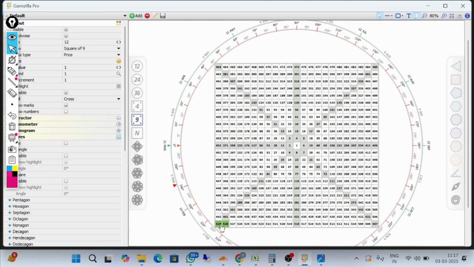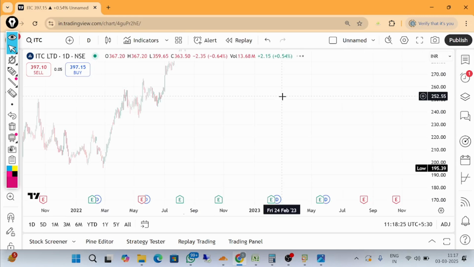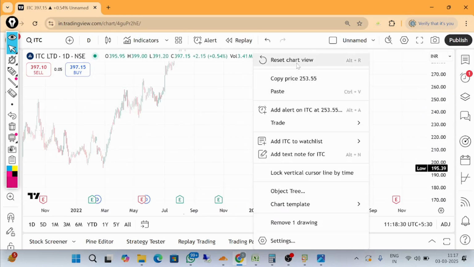So before going to these big numbers, let us take an example of a three digit number. Let's take an example of a good stock, ITC. This is a daily candle. Okay, let us reset it.